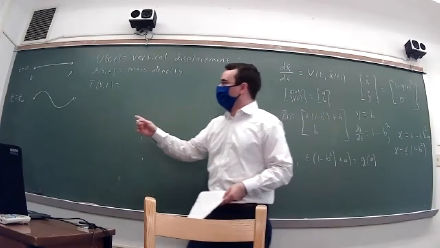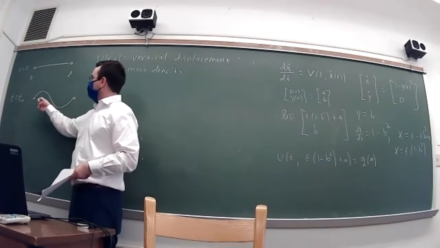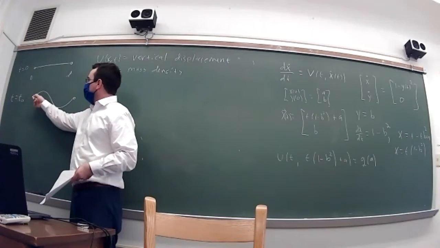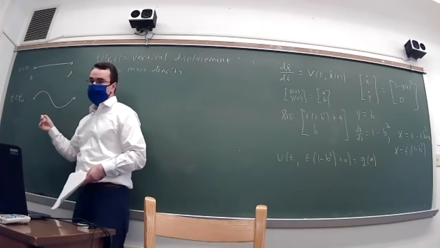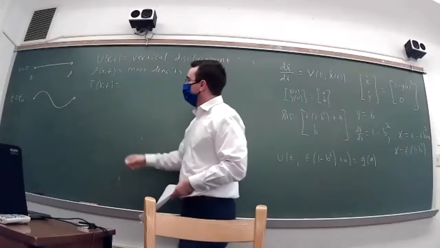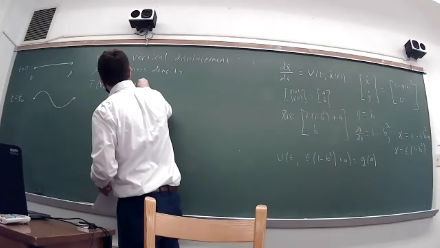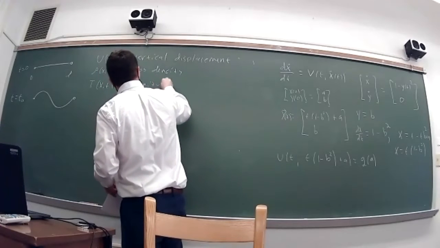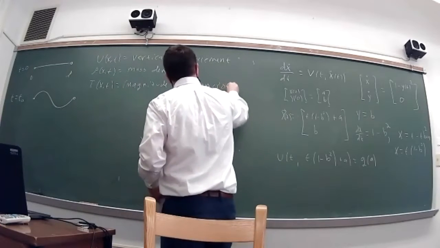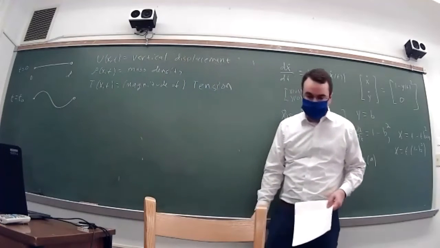So at any point here at a particular time, you're going to have tension pointing in a certain direction, and the magnitude of that tension, that scalar value, is what I'm calling T(x,t). Magnitude of the tension vector.